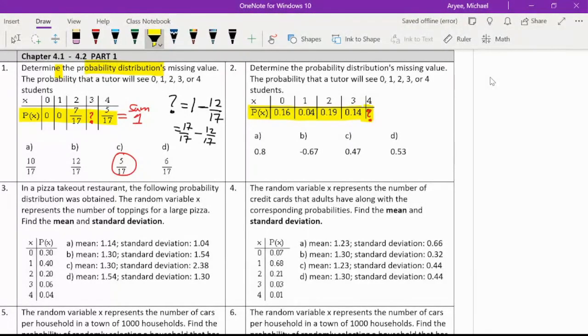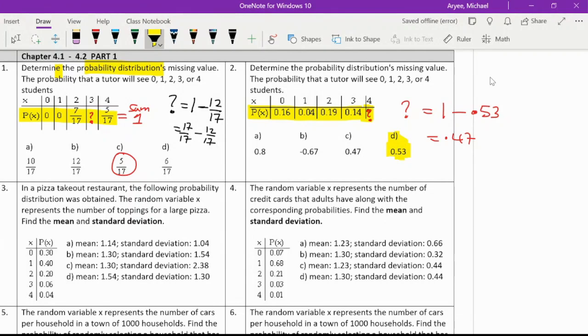So the question mark will be 1 minus, what did you subtract before you got 0.47? 0.53. Good. 1 minus 0.53 gives you 0.47. So some of your online assignment that will be given today will be like this. So the answer is there.